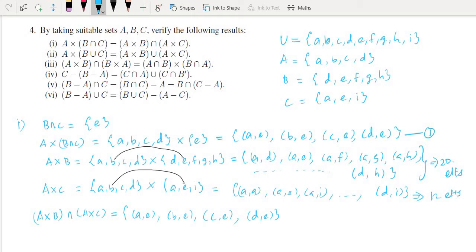So we don't have any other elements in common for these two sets A cross B and A cross C. So let me write this as equation 2. So from 1 and 2, as the right hand sides are equal, we can equate the left hand sides. So A cross (B intersection C) is nothing but (A cross B) intersection (A cross C).